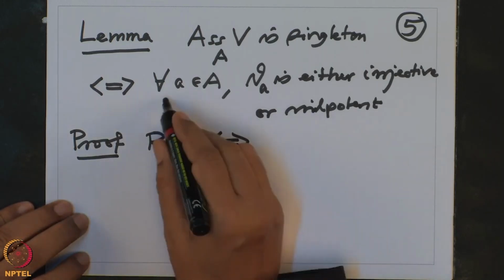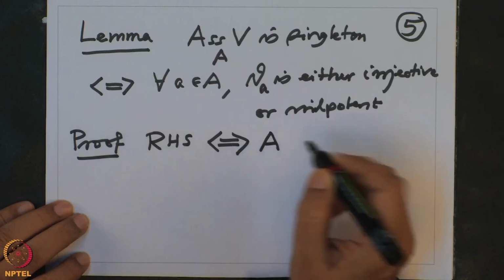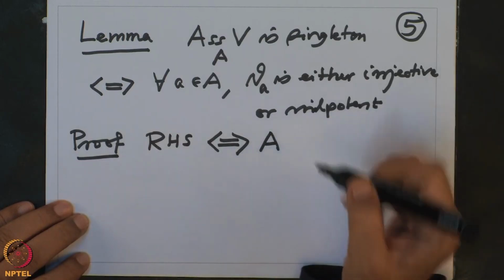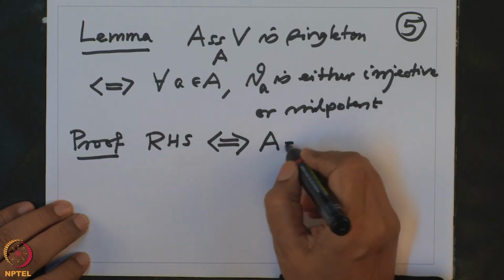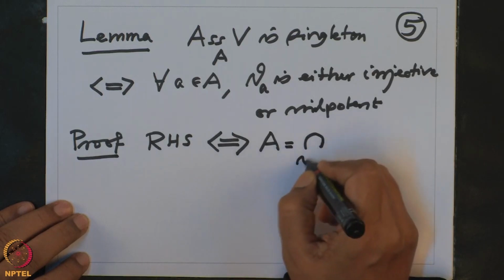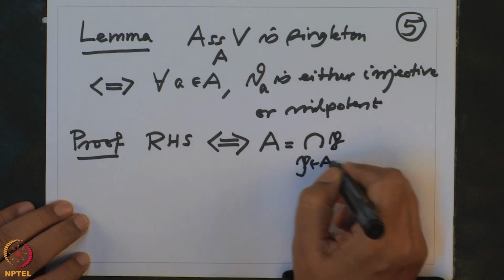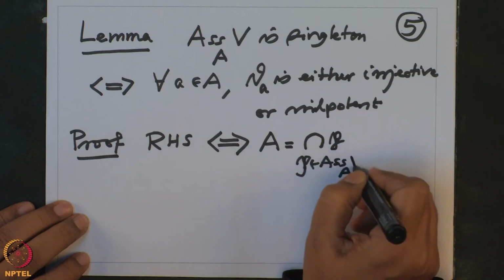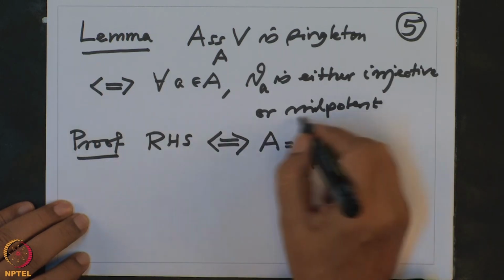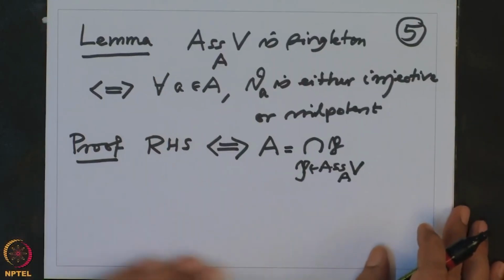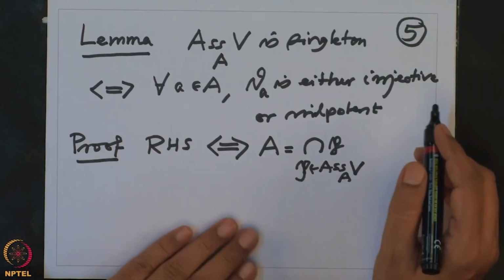Every element of A, so A, we know when it is nilpotent by the earlier observation, that is precisely the intersection of P, P running in associated primes of V, that is nilpotent, or it is injective, and injective means that it is not in the annihilator.